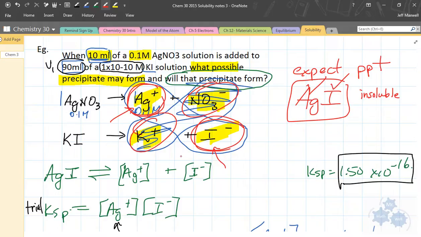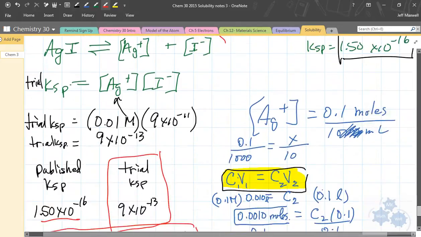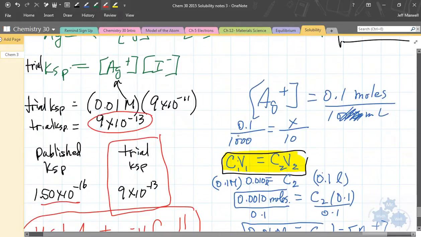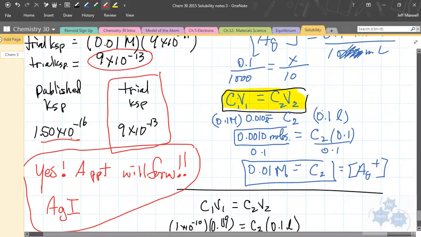Then the next step is to find the concentrations of those ions, C1V1, C2V2, and then find a trial KSP and compare it with the published KSP. If it's bigger, a precipitate will form. If this number was smaller, so let's say, guys, this was negative 23. If it's smaller, then no, a precipitate will not form, because there's not enough ions, right, to bump into each other to form that solid again. Get it?